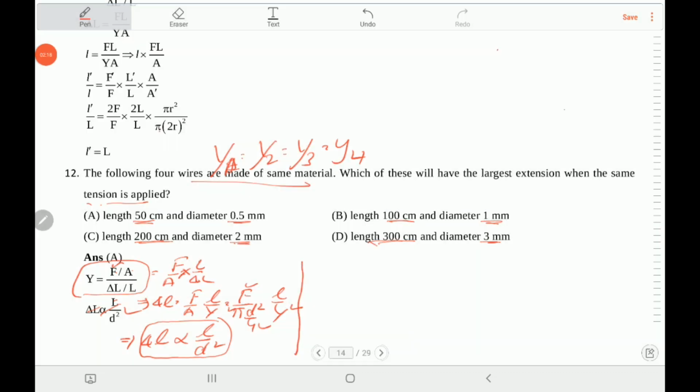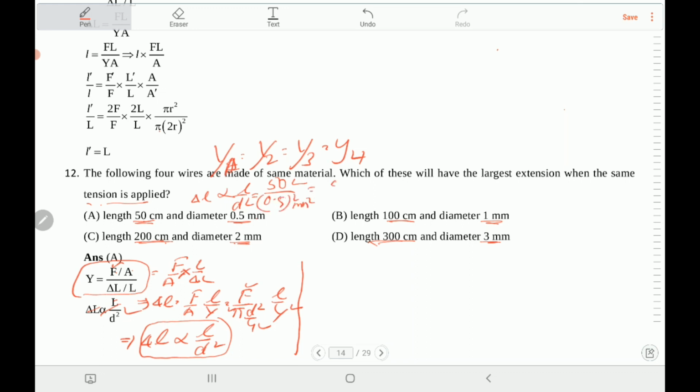Now go to option 1. For the first option, delta L is proportional to L by d square. Do it in the same unit, since the options are in centimeter and millimeter. L is 50 centimeter, divided by diameter squared, 0.5 squared mm square.